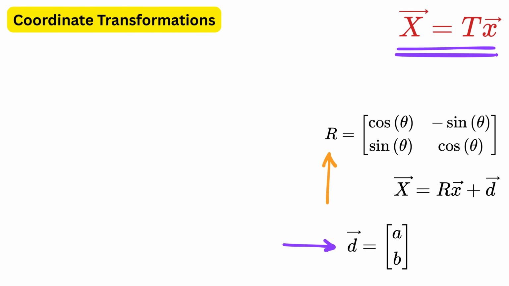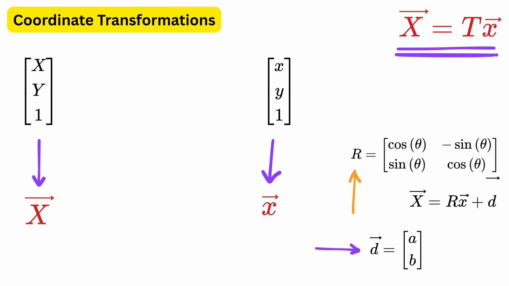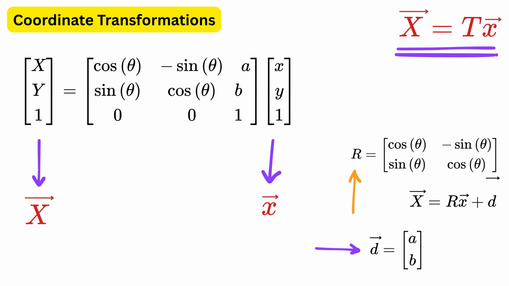So what we do is, we convert both big and small x into a 3 by 1 vector by adding an extra value 1 at the bottom. Then we write our T matrix as a 3 by 3 matrix like this, where the top left 2 by 2 block is the rotation matrix R. The first two entries in the last column are the translation vector D, and the last row is simply 0, 0, 1.